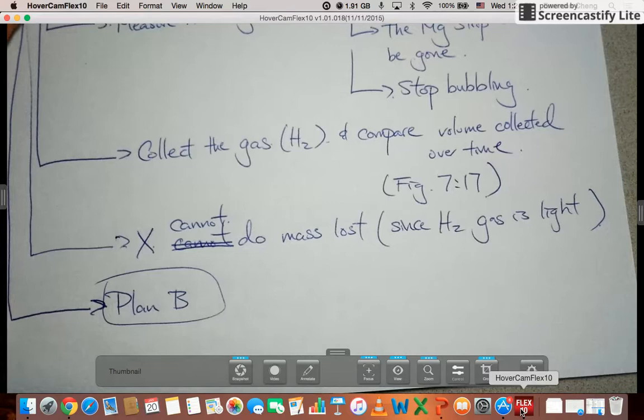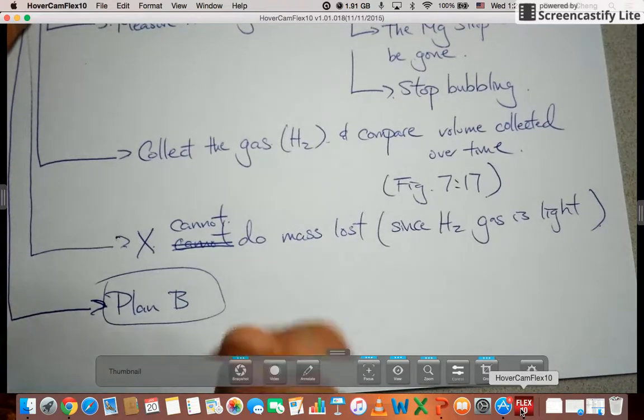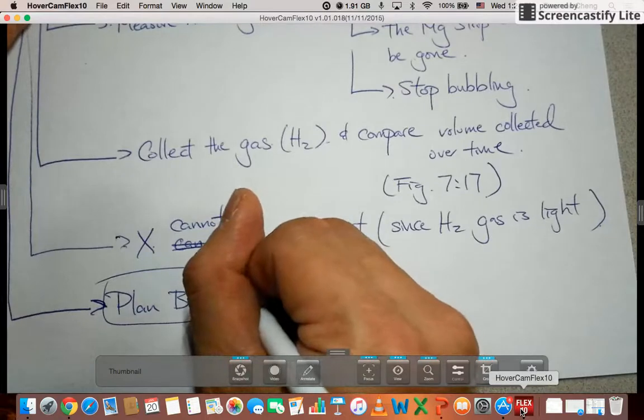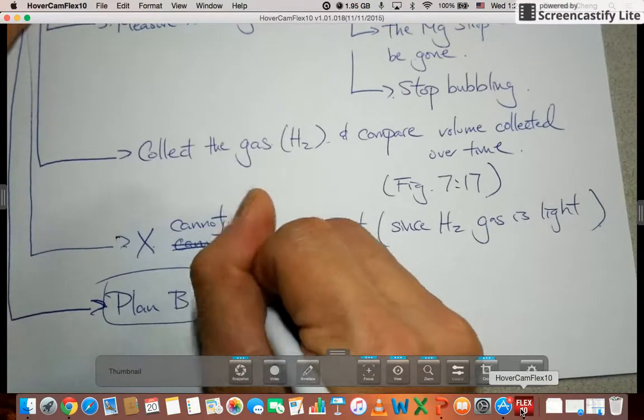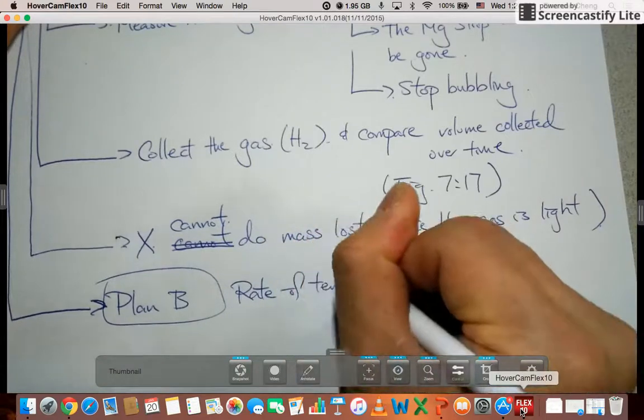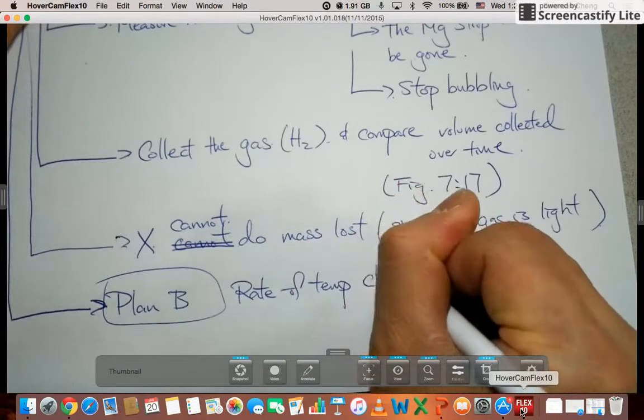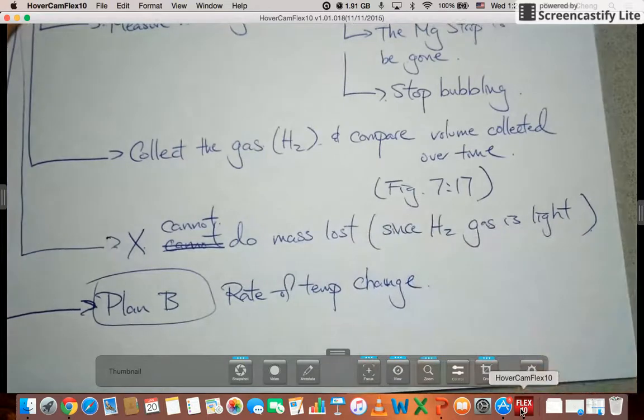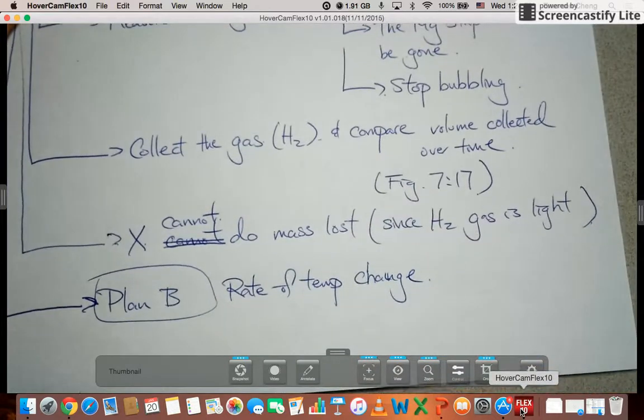You can measure the rate of reaction by measuring temperature changes. You can compare rate of temperature change. It's just not a very good method, it might not work well.